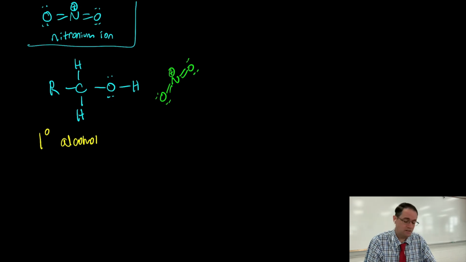So the lone pairs are going to be your nucleophile that can attack this electrophile, okay? And this is going to form a, well, there needs to be a deprotonation event here, but let me draw out the intermediate.